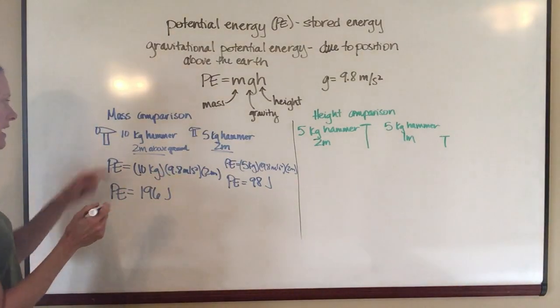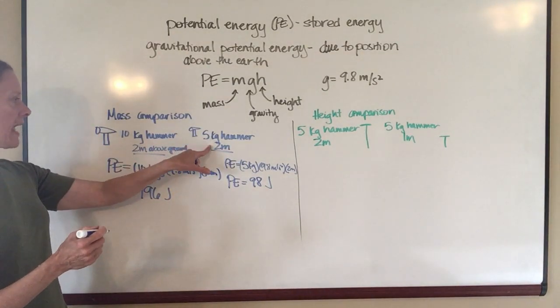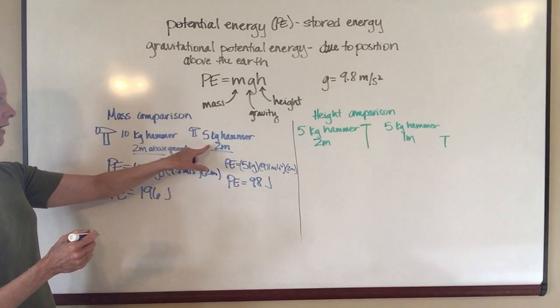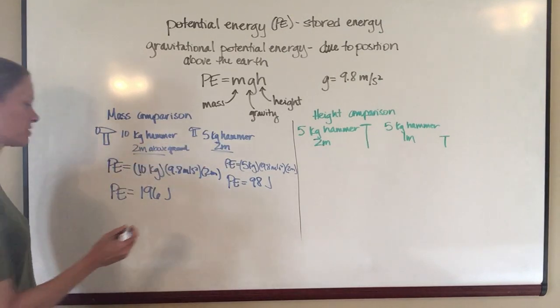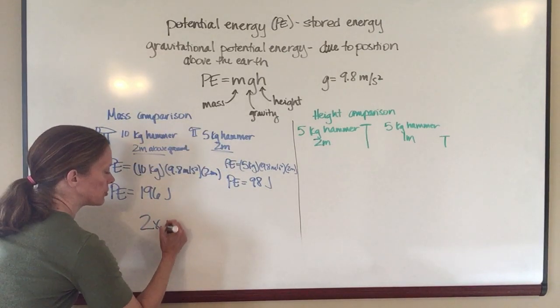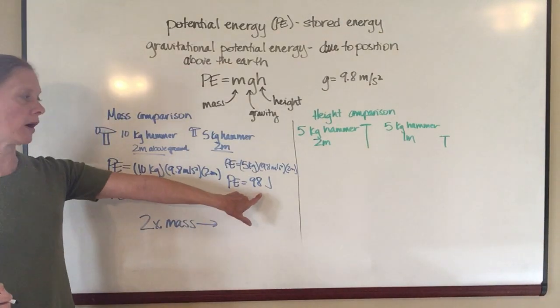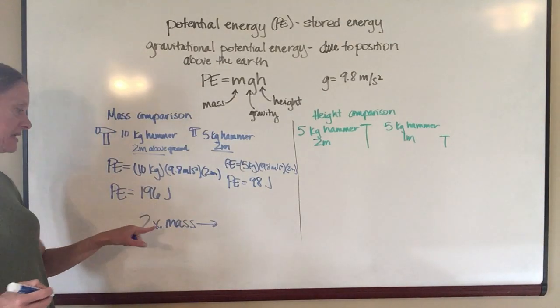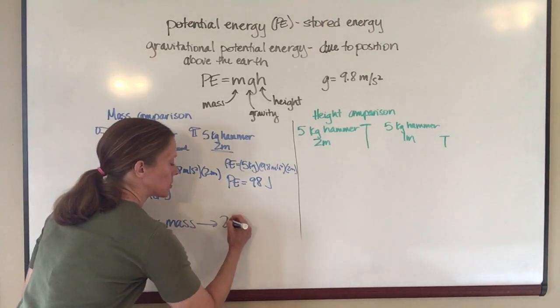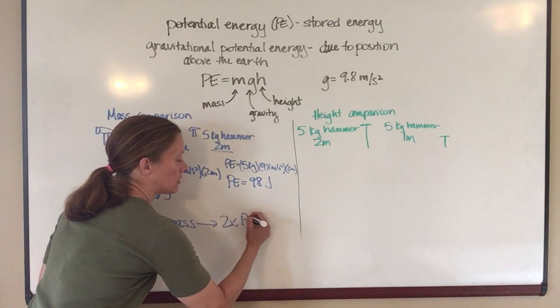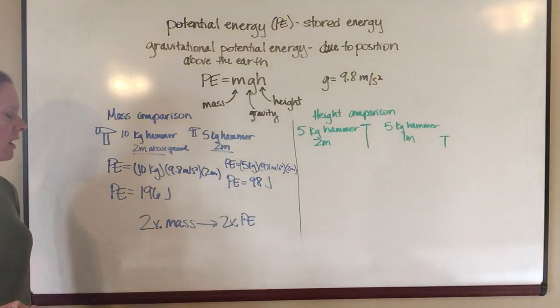So the height was the same. The mass got multiplied by a factor of 2 because 10 is twice as big as 5. So if I have 2 times the mass, that's going to lead to, well, 98 times 2 gives me 196. So 2 times the mass will give me 2 times the potential energy, okay?